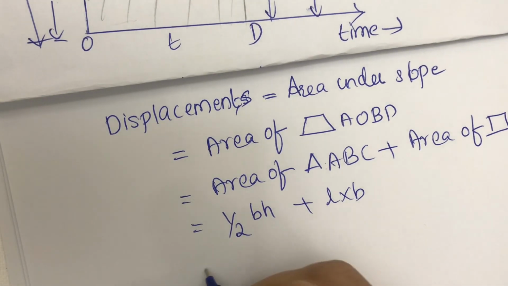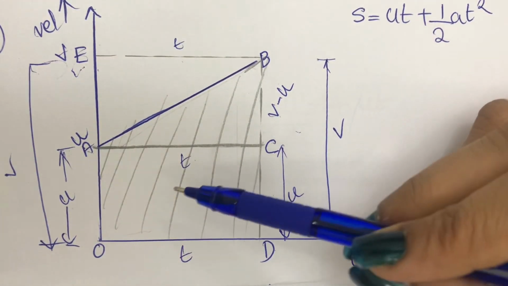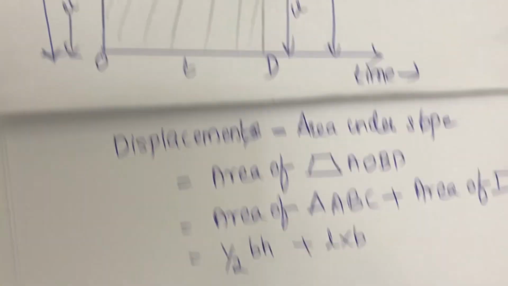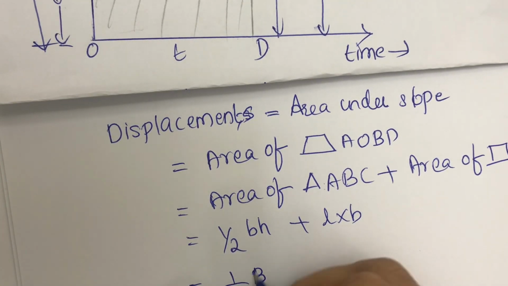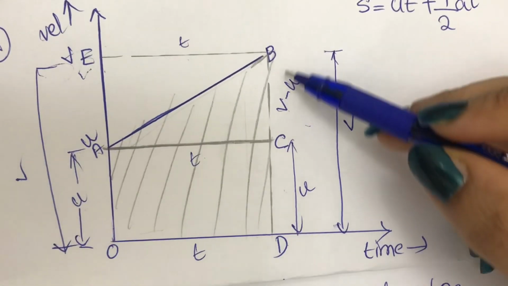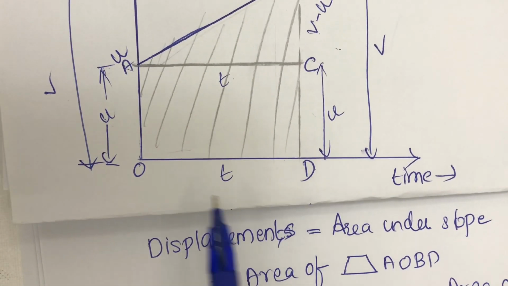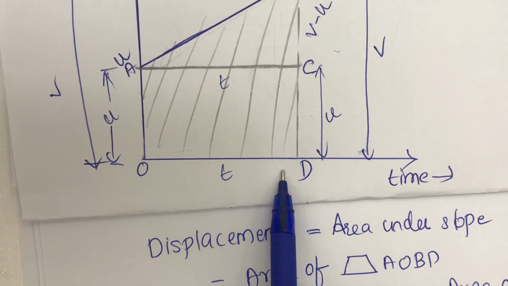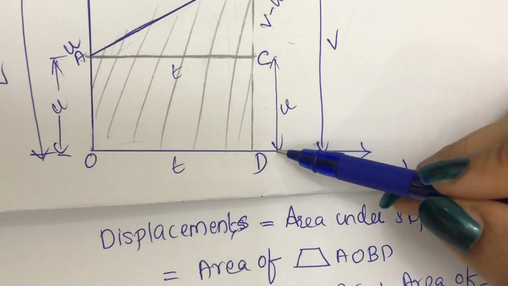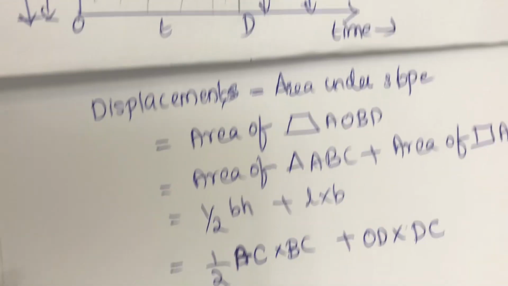So what are B and H now? Half. For the triangle, B is what? AC. AC into height, which is BC, plus L, the length of the rectangle, is OD. OD into breadth, which is CD. DC, I'll write. Okay.